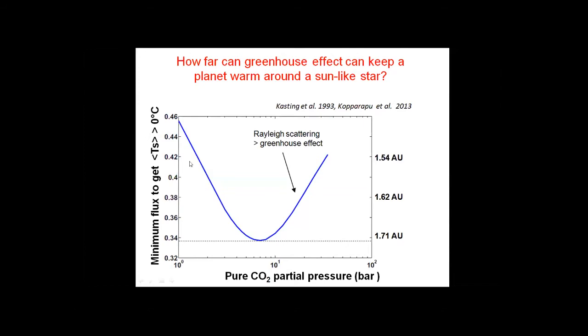You can see that if you add CO2, you can go further away from the sun, but beyond 8-10 bar, the greenhouse effect does not increase anymore, because the Rayleigh scattering from the thick atmosphere actually raises the albedo in a way that is stronger than the greenhouse effect. So there is a kind of limit, which is traditionally defined in Kasting's paper, around 1.7 astronomical units.